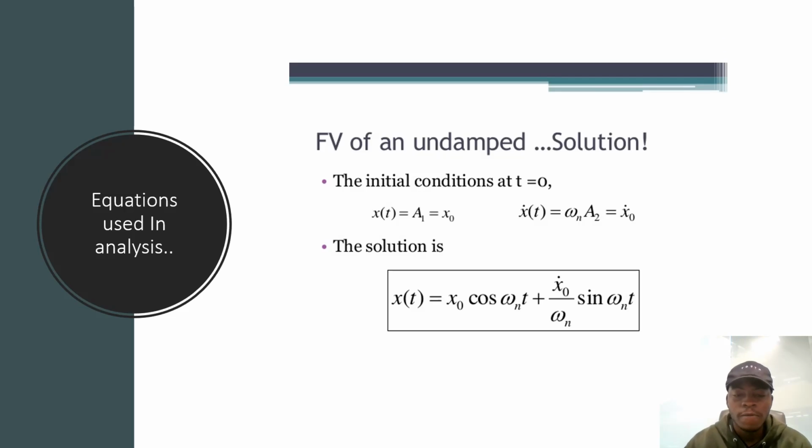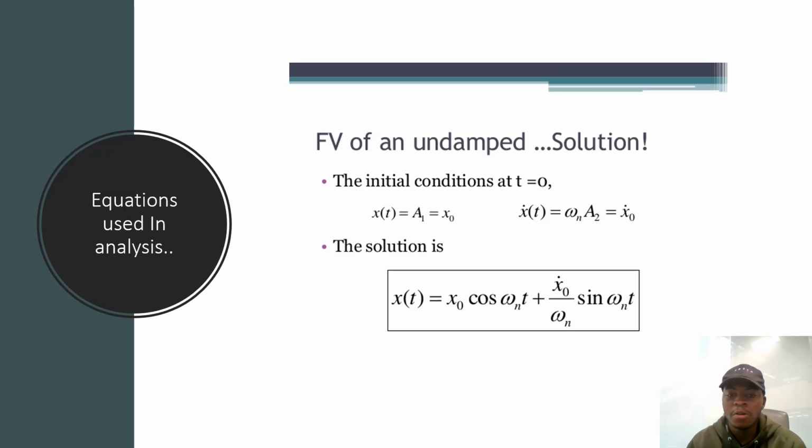The free vibration of an undamped system: start with the initial conditions at t equal to 0, x(0) equal to x naught, and the derivative of x at 0 equal to the derivative x dot naught.